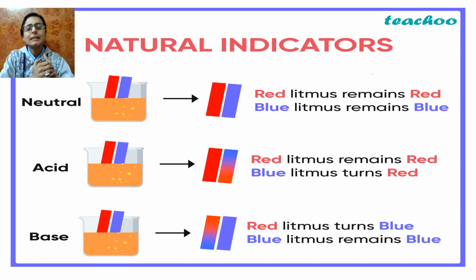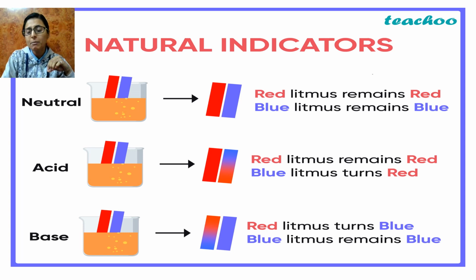Now come to the next. As we already discussed what effect acids and bases have on blue and red litmus paper, similarly we study what effect a salty solution has on red and blue litmus paper. Take a glass and fill it with a salty solution.